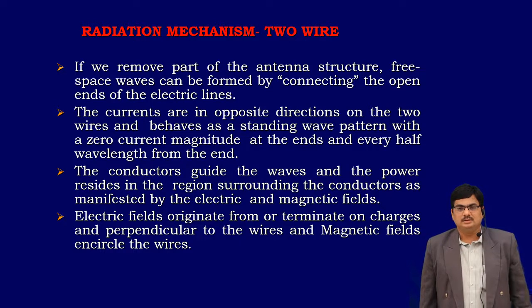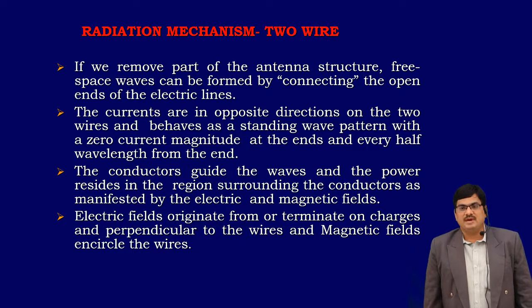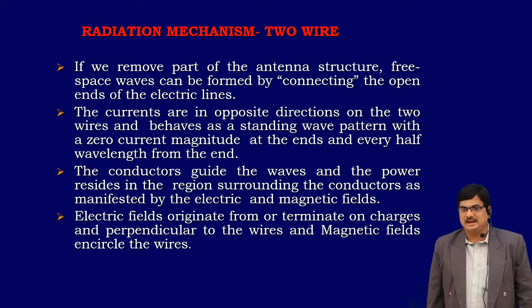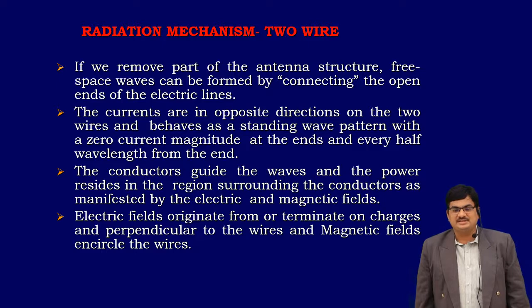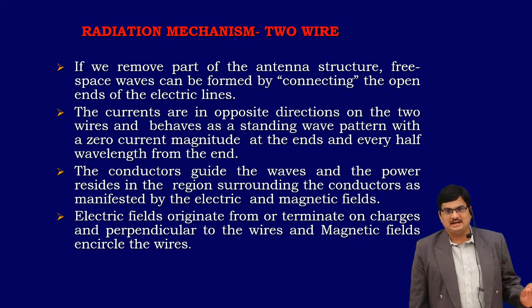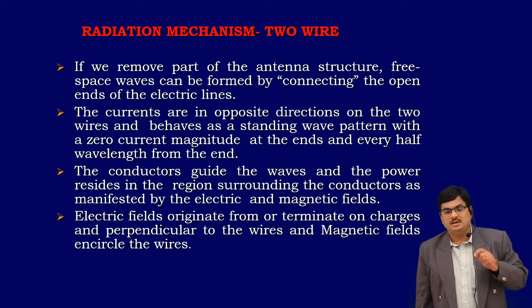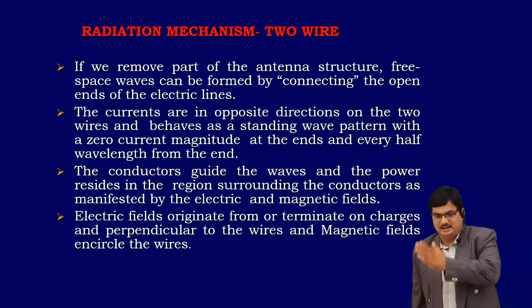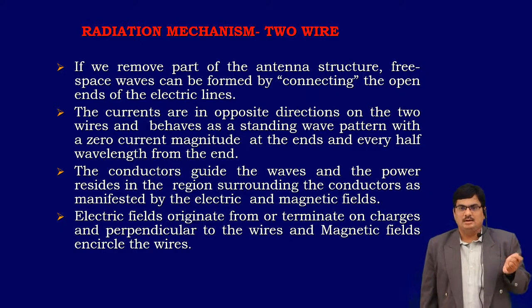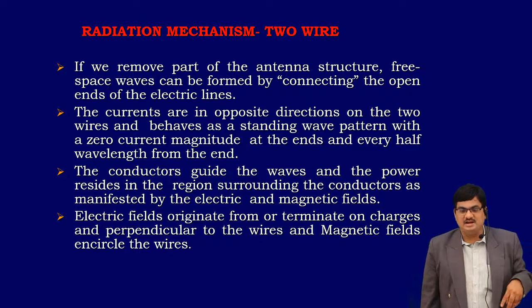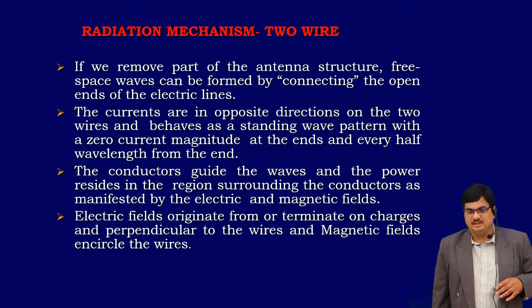The conductors guide the waves, and the power resides in the region surrounding the conductors, as manifested by the electric and magnetic fields. The electric fields originate from one end and terminate on charges, perpendicular to the wires, and the magnetic fields always encircle the wires.